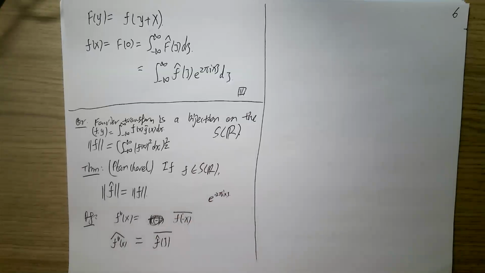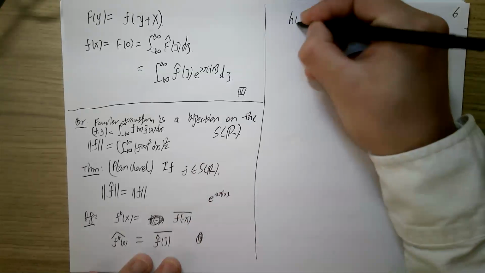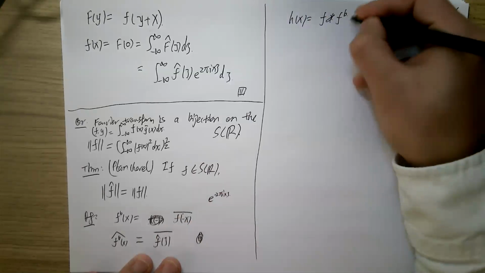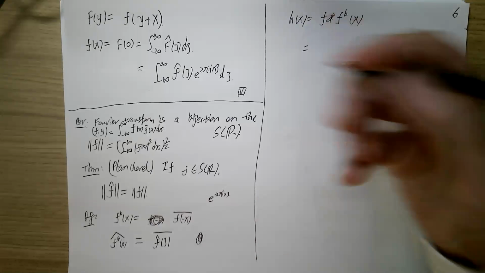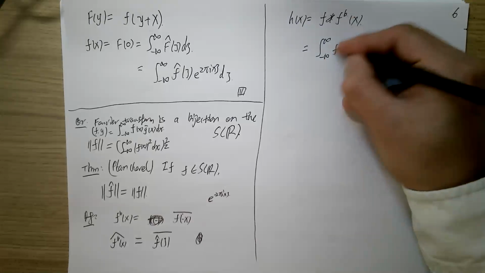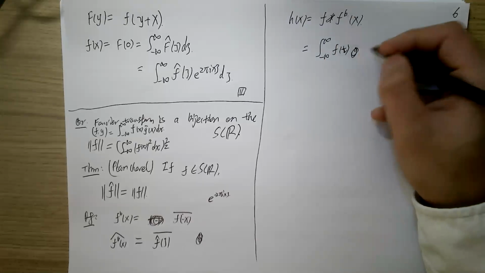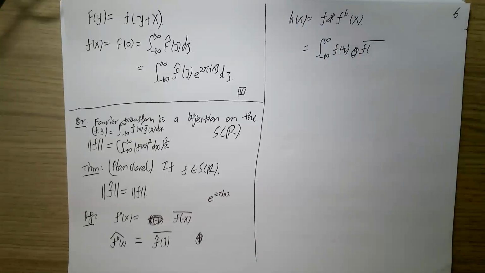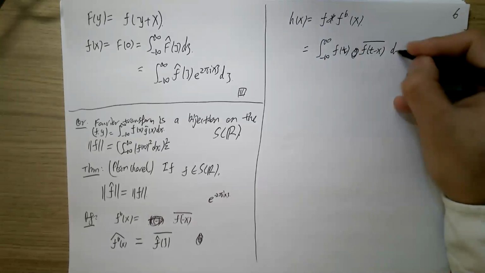Then we can call h(x) to be f convolved with f_b at x. So it looks like the integral from minus infinity to infinity of f(t) times f_b(x minus t) dt, so f bar of x minus t becomes t minus x.